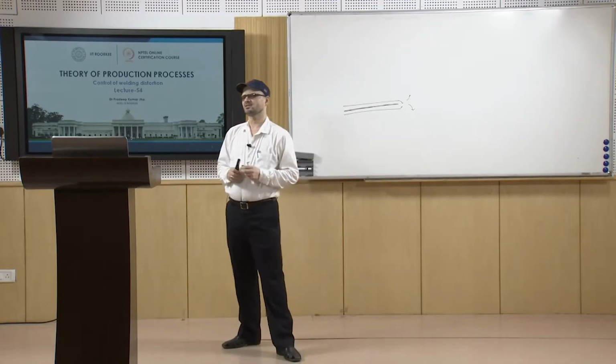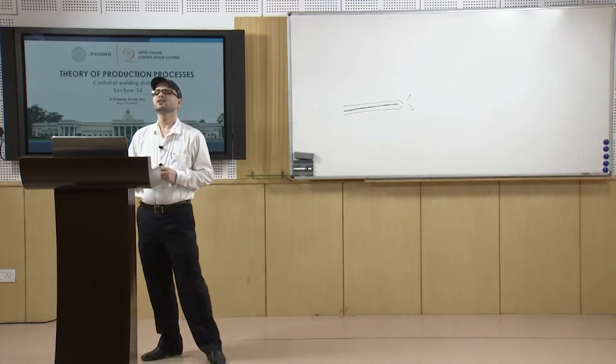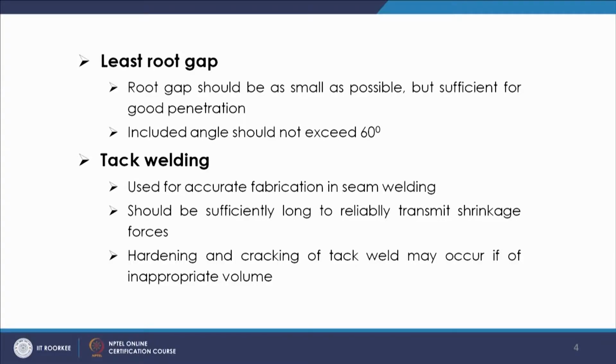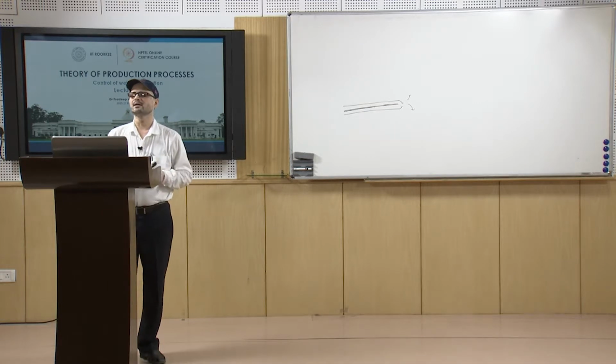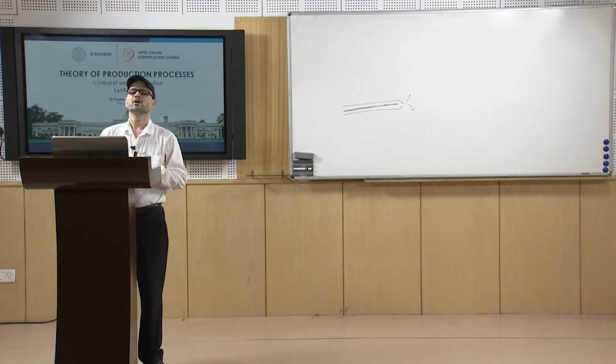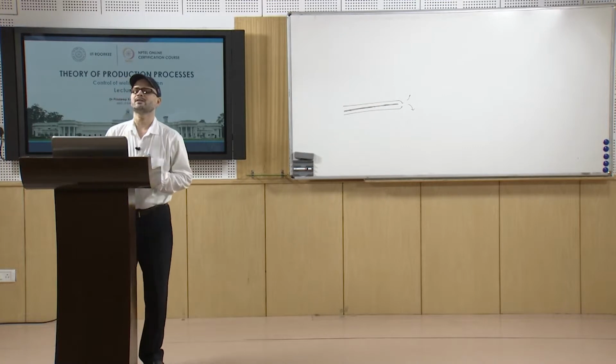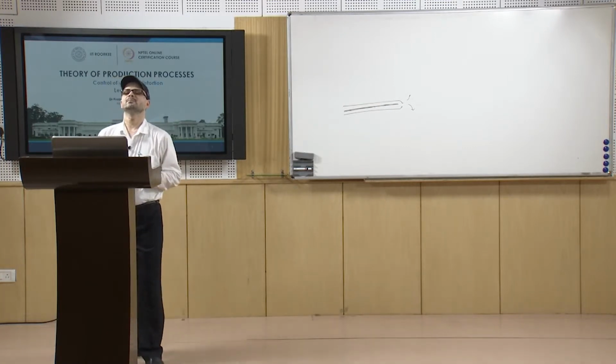So, the first method is having the least root gap. We would like to have the root gap as small as possible, but sufficient for good penetration. Excessive gaps must be avoided, and for that it is also advised that the included angle should be not more than 60 degrees. That way you will have the minimum amount of metal.